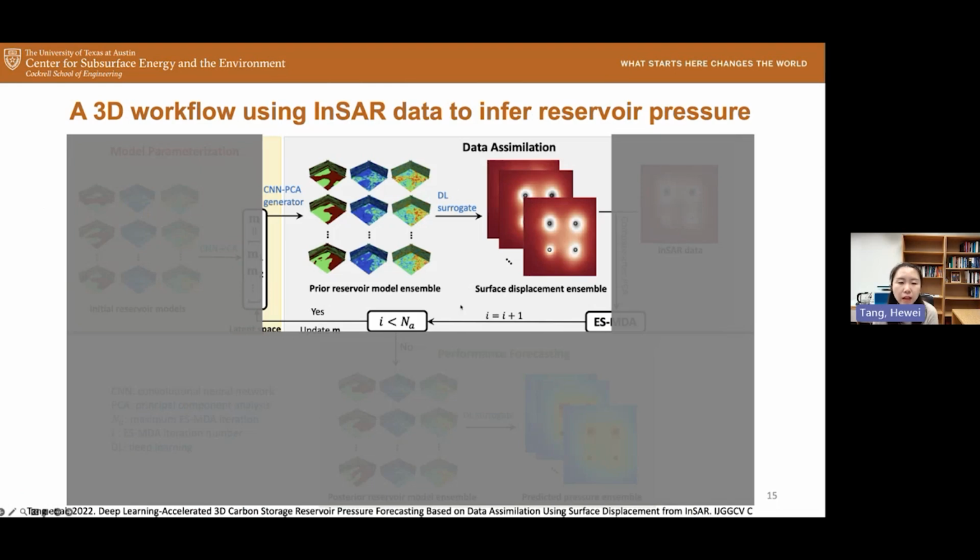So now we can come to the second step. We now have a latent space that can represent our facies, porosity, and permeability fields. The next step is to find a deep learning surrogate model that can stand in for our forward simulator and predict the surface displacement.